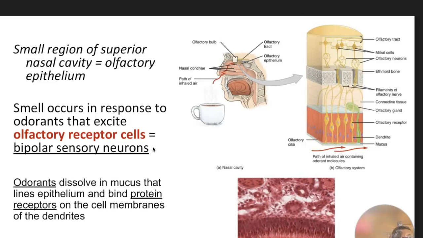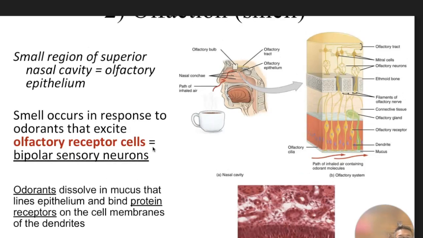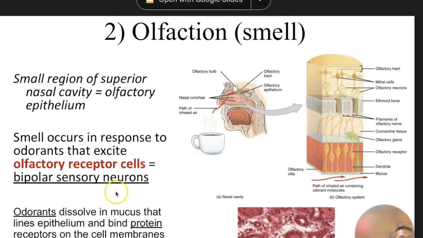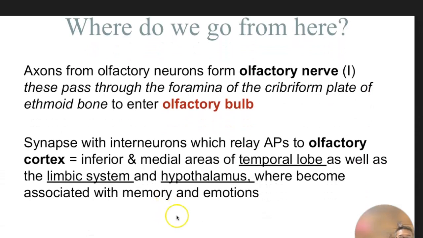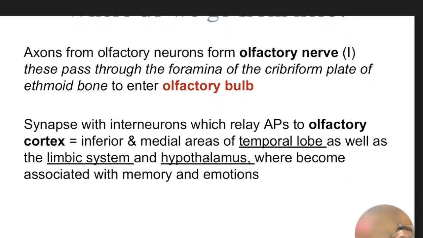Bipolar neurons are only in the eyes and the smell. And smell is the only one that goes straight to the hypothalamus. Everything else goes to the thalamus and then connects somewhere else.